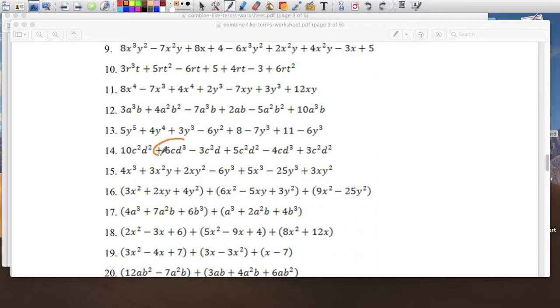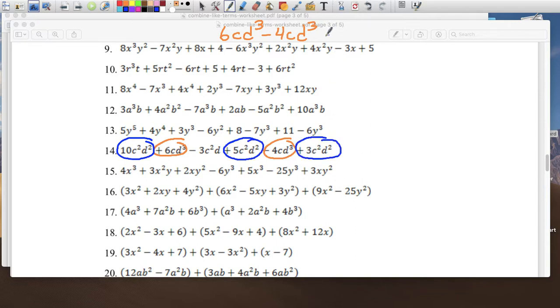You know what, let me keep this. Let me pick the d3. I'm going to take the highest exponents first. So I have 6c d to the third power minus 4c d to the third. Those two are the same. Now I'm going to do anything that has c squared d squared. Not that one, but this one. This is a c2 d2, and this is a c2 d2.